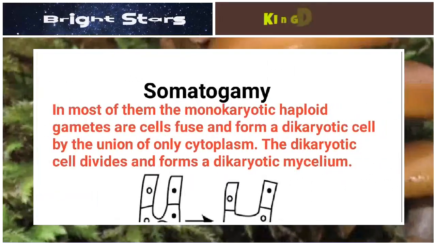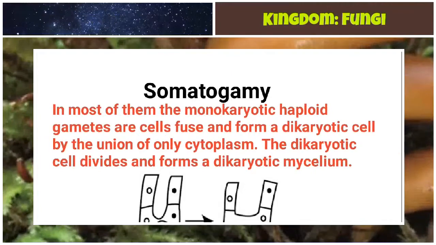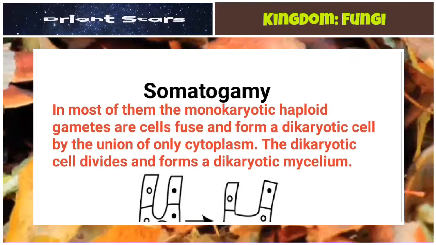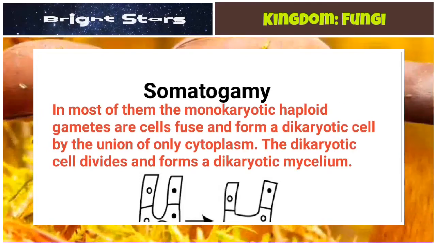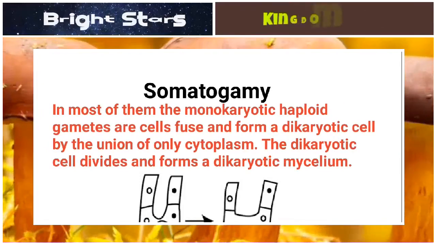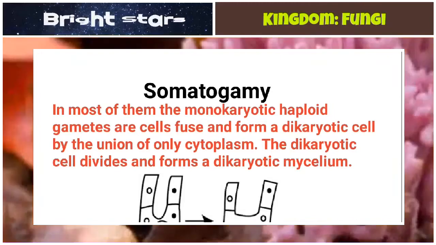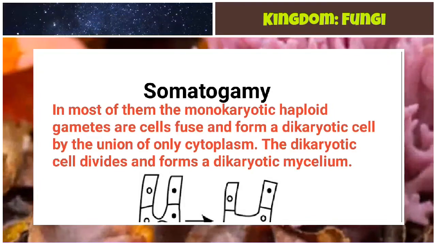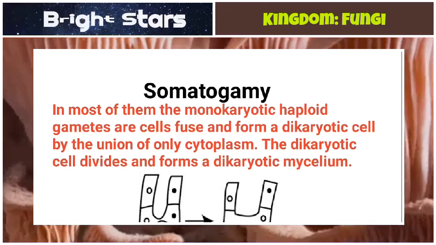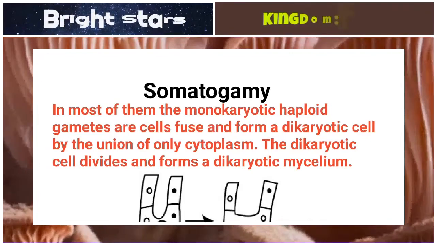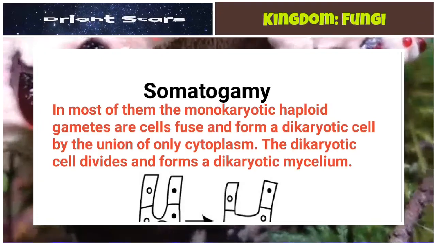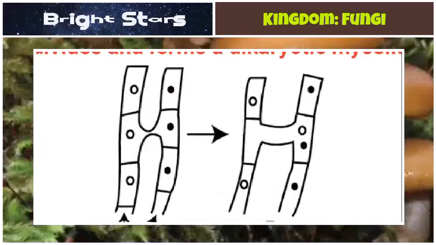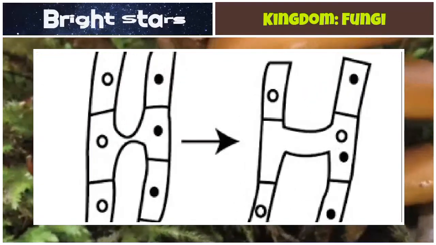Next thing is somatogamy. Here soma means vegetative cells or vegetative parts of the body. Gamy means fusion. If fusion takes place between two hyphae directly, we call it somatogamy. In most of them, monokaryotic haploid cells fuse and form a dikaryotic cell by the union of only cytoplasm. The dikaryotic cell divides and forms a dikaryotic mycelium. Here you can see two different hyphal cells.